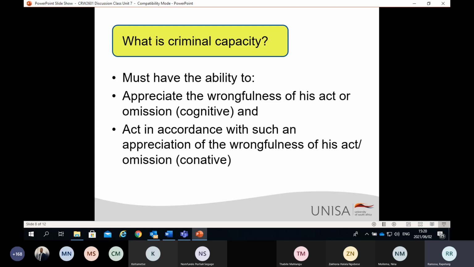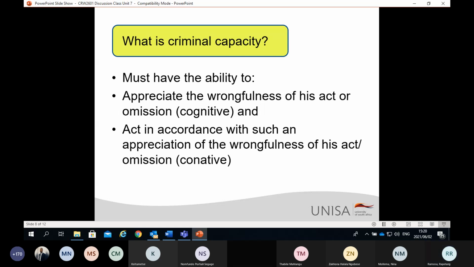You can't hold with the same logical reasoning certain children under a certain age. So children, for example, under the age of 7 years are presumed not to have capacity because they don't have the mental ability, the aptitude to appreciate the wrongfulness of their conduct.